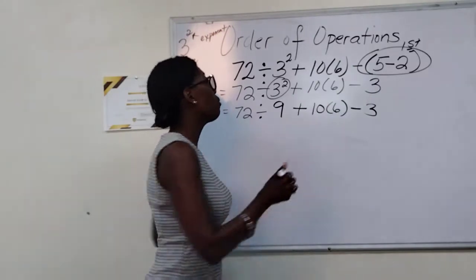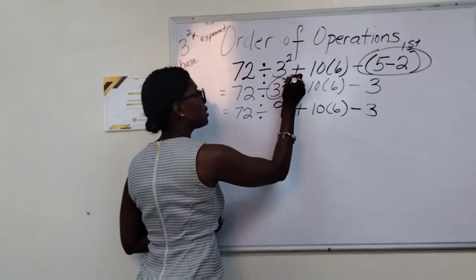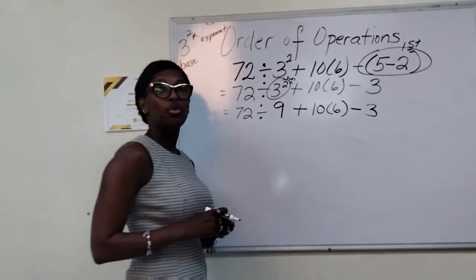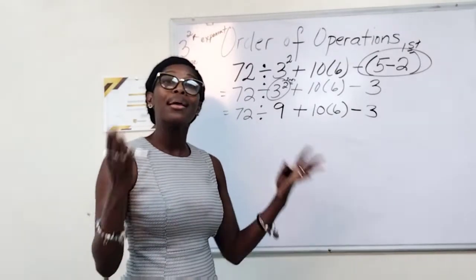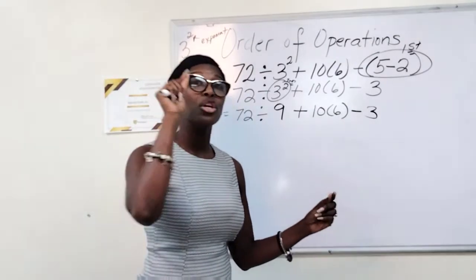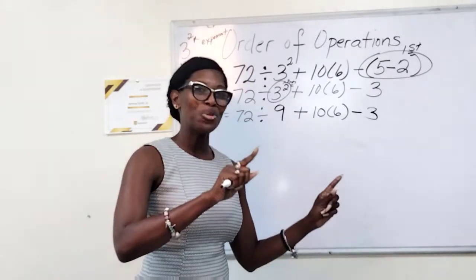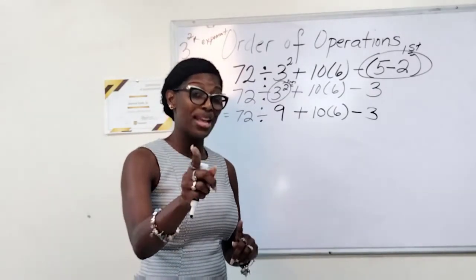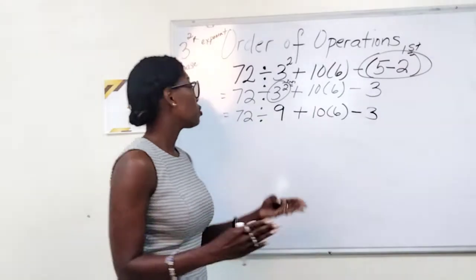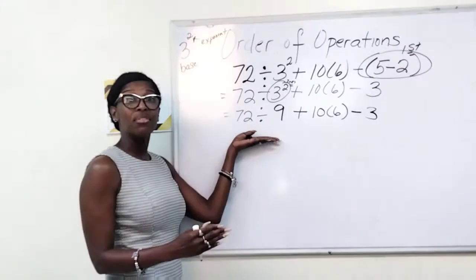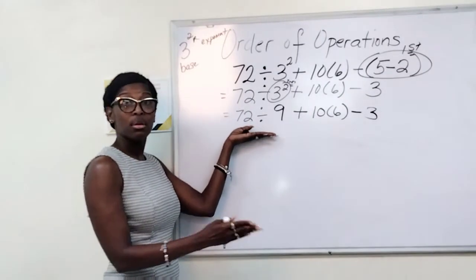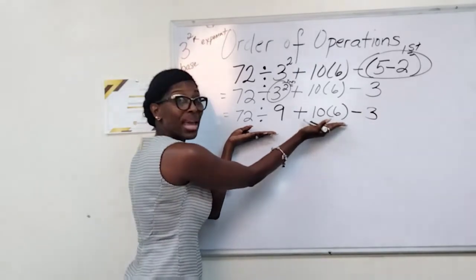So the first step was parentheses, second step was dealing with the exponent, and again, third step is you divide, then multiply, or multiply and divide, but it's based on what's first. So as you can see here, we have division on the left plus multiplication on the right.